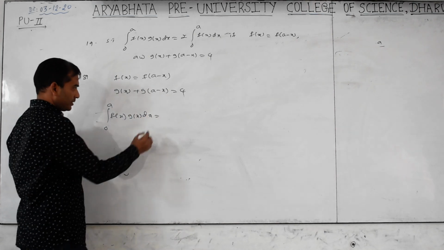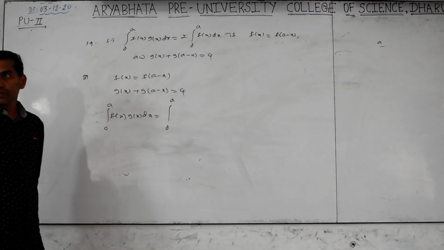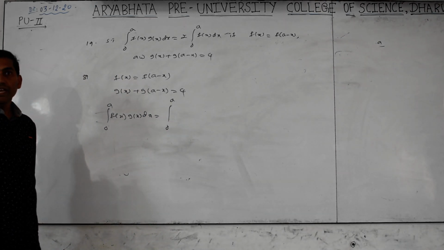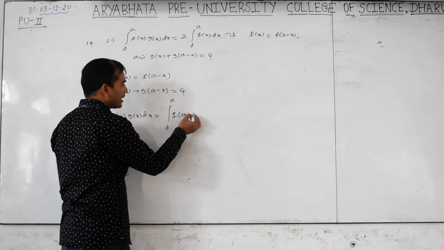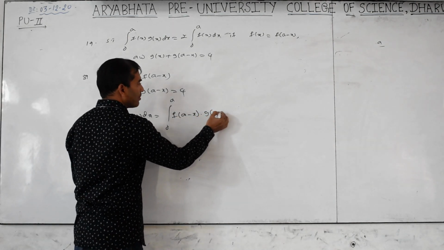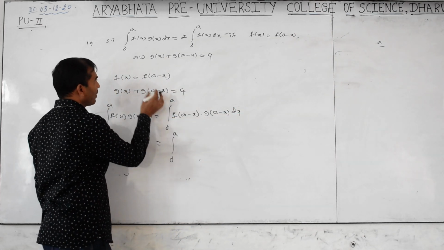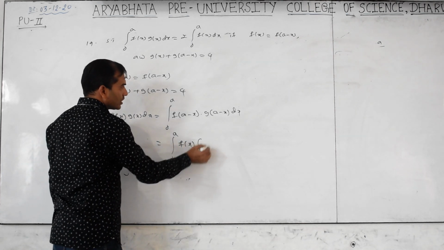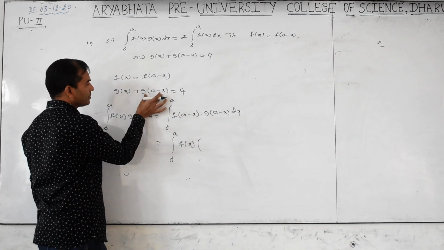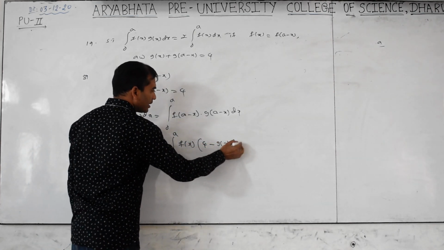Use the property first, the 0 to a property: integration of 0 to a f of x dx equals integration of 0 to a f of a minus x dx, with x replaced by a minus x. So f of a minus x times g of a minus x dx. Integration of 0 to a, where f of a minus x equals f of x and g of a minus x equals 4 minus g of x, into dx.